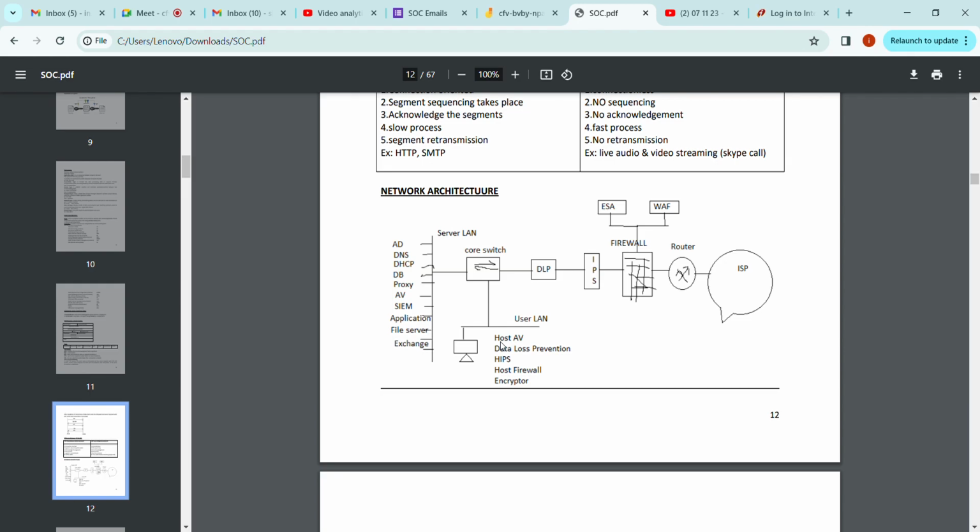Containment is something like you need to stop it. Once we identify that three or four machines have been affected with certain malware, you will run an antivirus scan and try to remove those malicious or suspicious files, and ensure you remediate the process as per the IR.